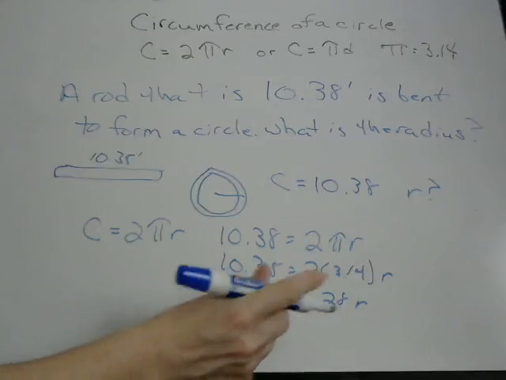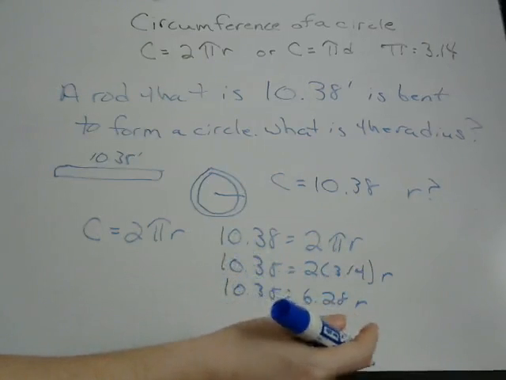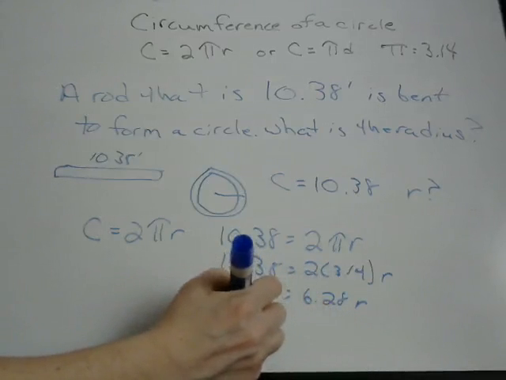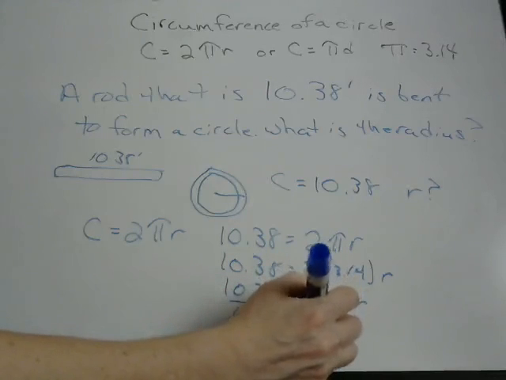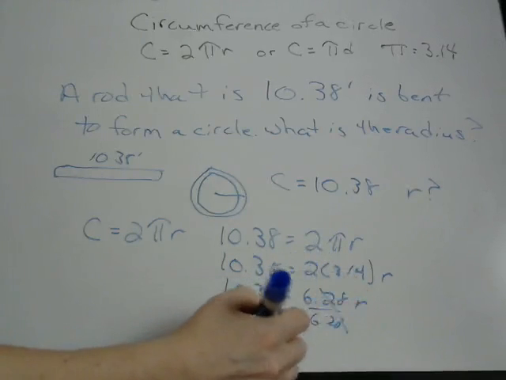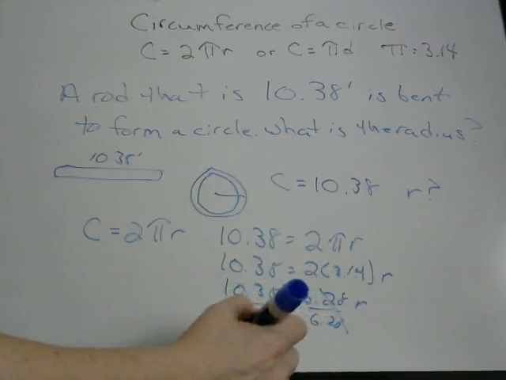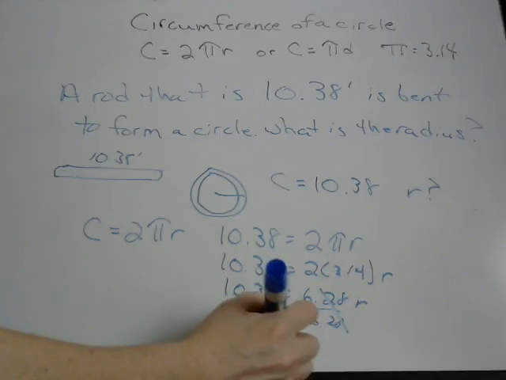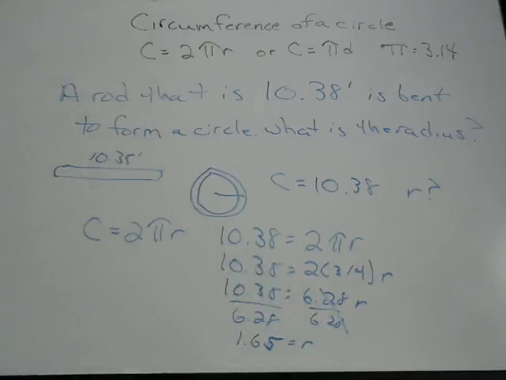You divide each side by 6.28 in order to get the radius. So 10.38 divided by 6.28 is 1.65 equals the radius. So that's how you would do that problem.